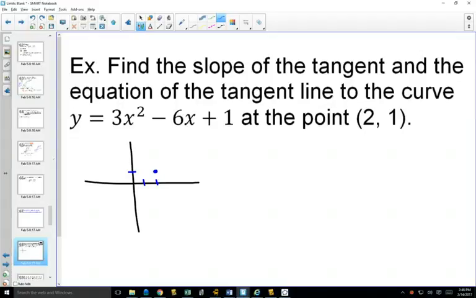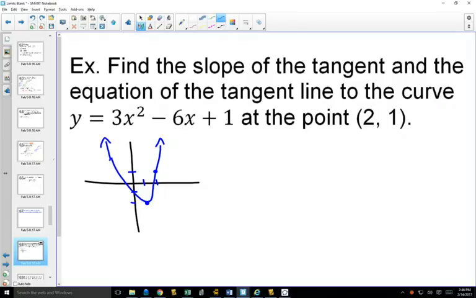If we wanted to, we could figure out the vertex for this one. The vertex happens to be at 1, -2, I think. Yes. The vertex is the sommet.